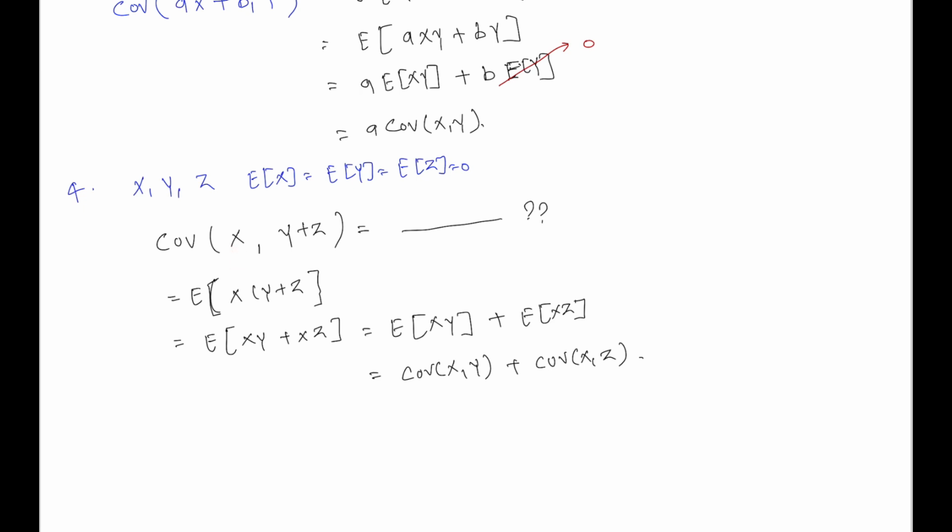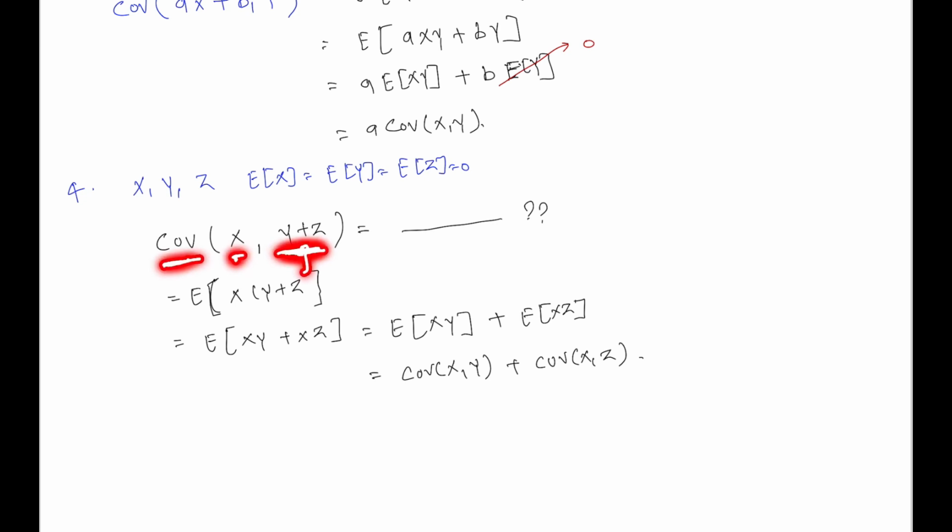So simply, if you have one random variable and the sum of some random variables, you can simply distribute this covariance over the summation.